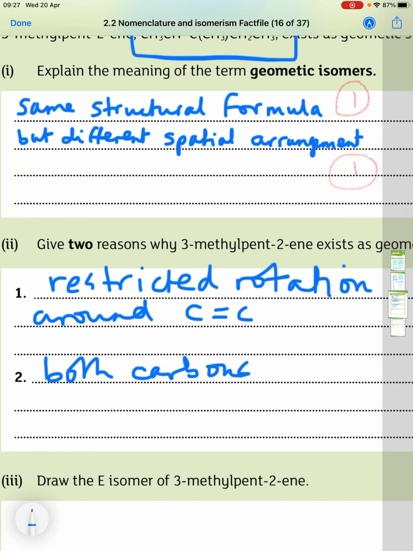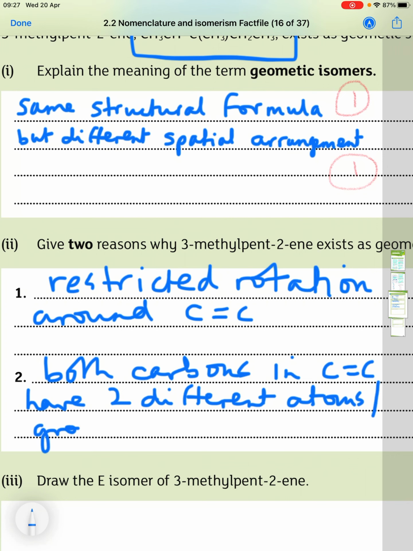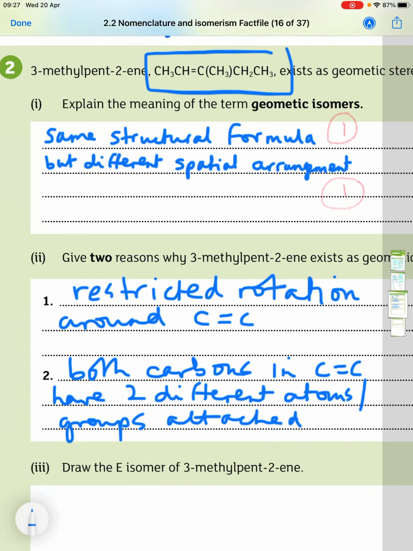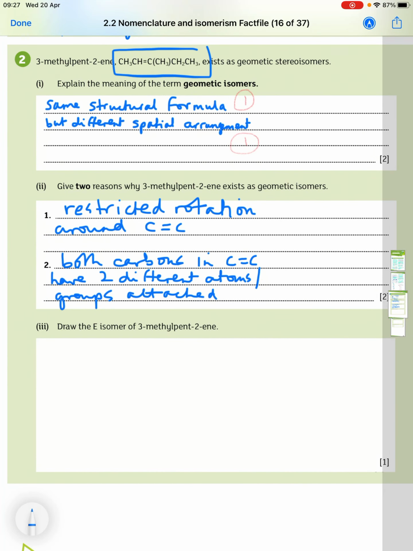And the second reason then is that both carbons in that bond have 2 different atoms or groups attached to them.